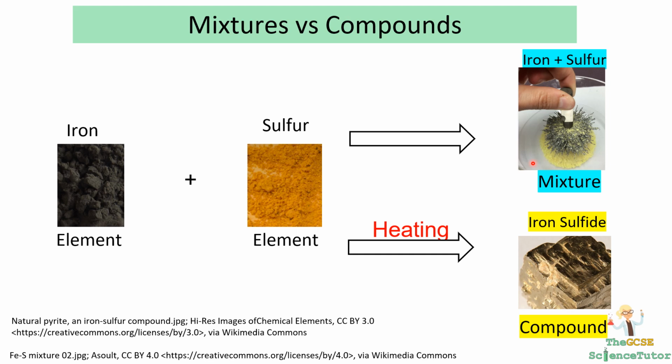However, we can make a compound from iron and sulfur by heating it strongly together in a test tube. If we do so, the atoms bond together and join together to make a compound called iron sulfide, which you can see below here. Looks very different.